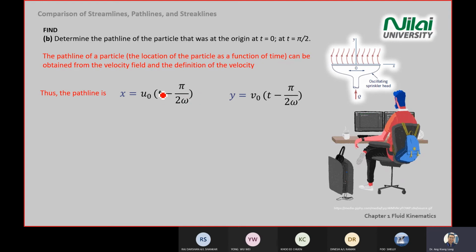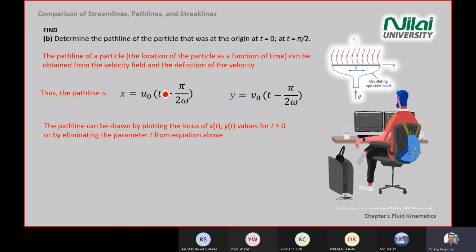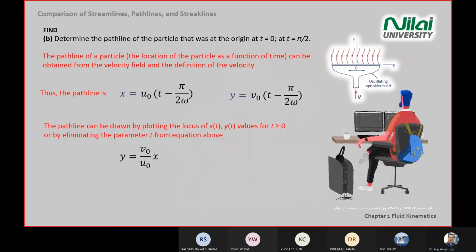For t, you can put more than 0 if you want, a positive value. You can put it as 1. Usually I like to put it as 1, it will give me a cleaner result. So put it as 1 minus something, minus A, B, or C here, and you'll get the shape.